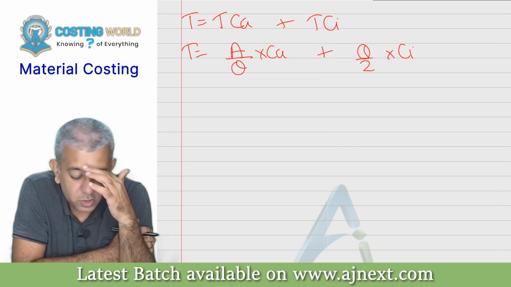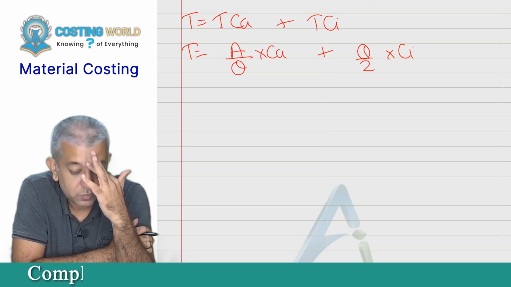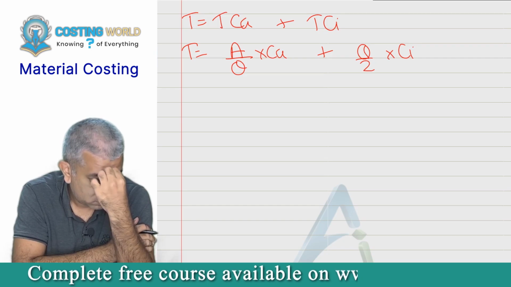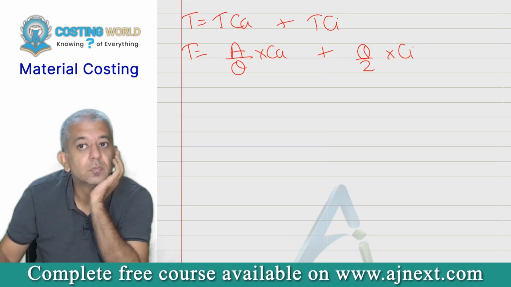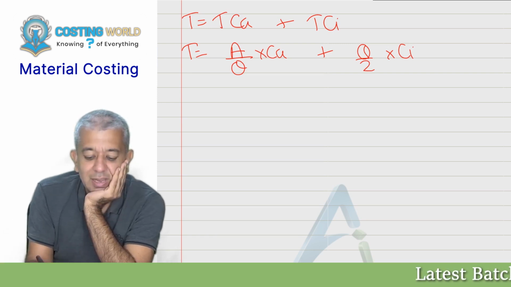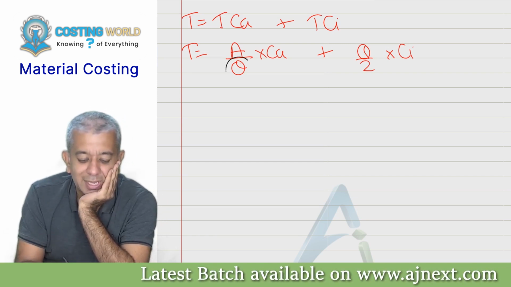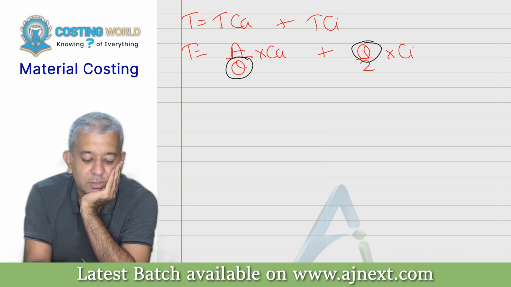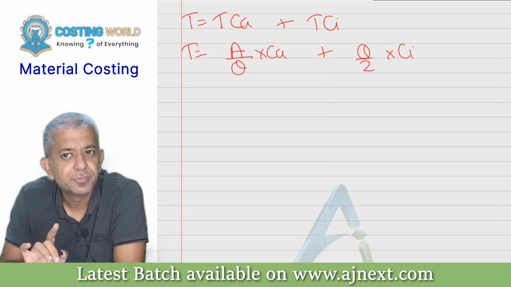Copy down these two lines, then we shall continue. Now listen, if Q is equal to EOQ, then instead of Q, I can write the words EOQ, no? Yes, sir.